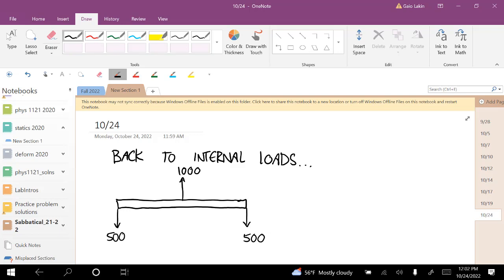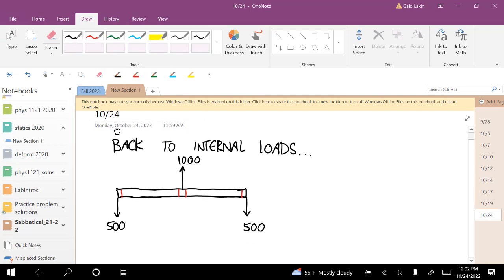And then I said, let's think about calculating the internal load at 4 different lines. So one here, one here, one here, and one here. In all cases, we're gonna isolate the part of the beam from the left up until that line.